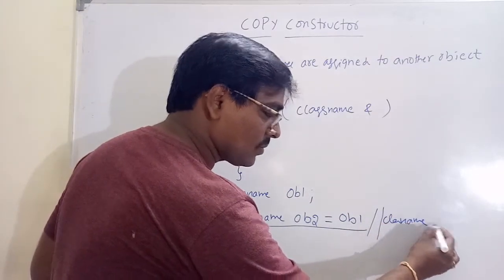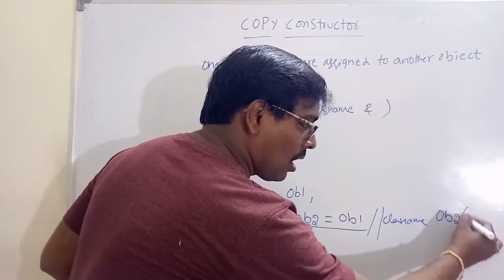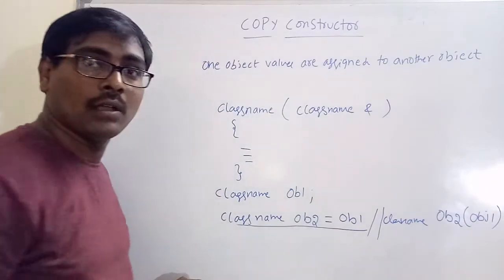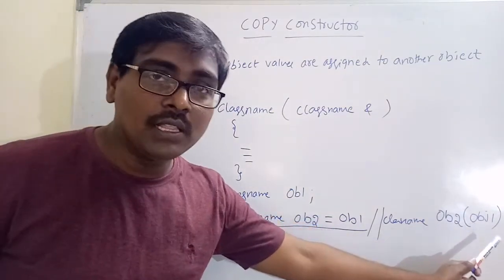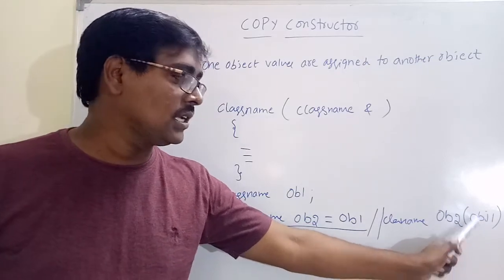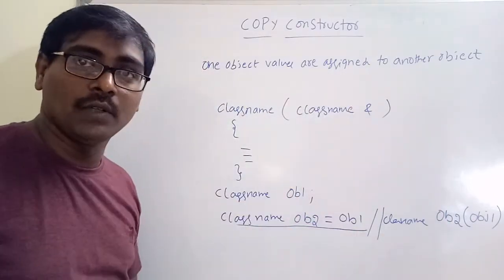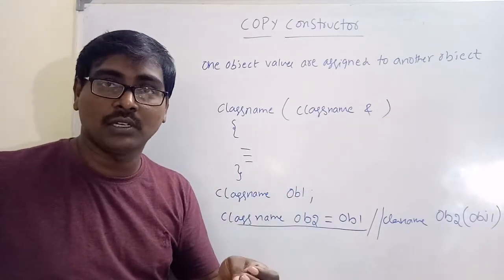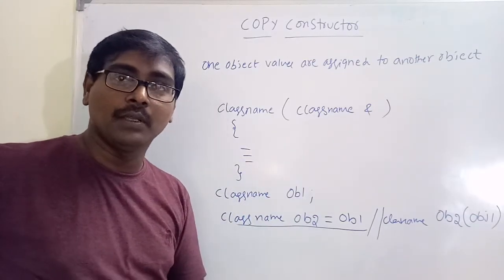Class name, space, object 2 of object 1. That is, within this parenthesis we are passing object 1. Okay. Observe carefully. For example, if we are using a simple function, int add of int a, comma, int b.